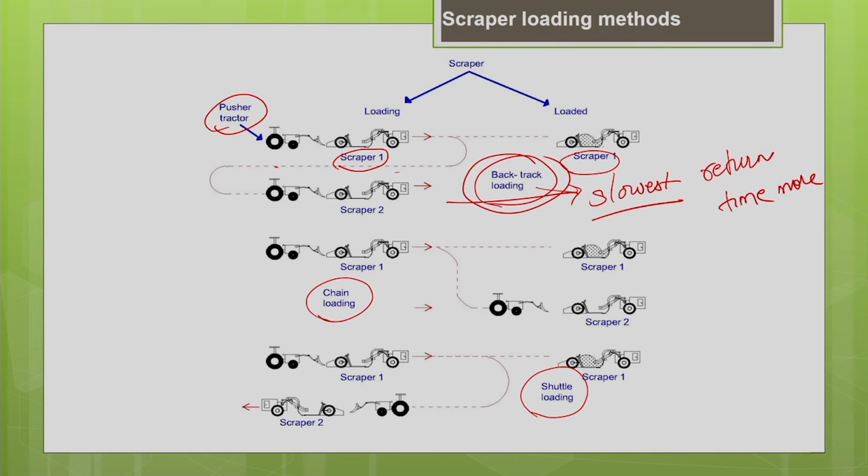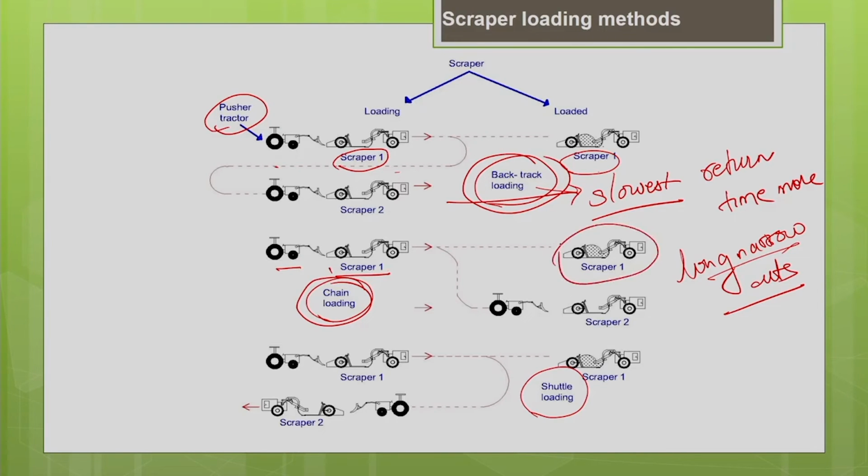The next method which we are going to discuss is the chain loading method. This we commonly follow for long, narrow cuts like roads. Say here your pusher is pushing scraper 1. Once scraper 1 is completely loaded, the pusher gets detached from scraper 1 and starts pushing the next scraper.